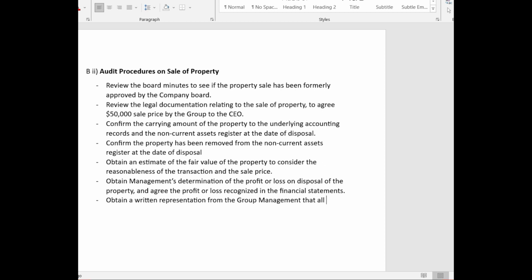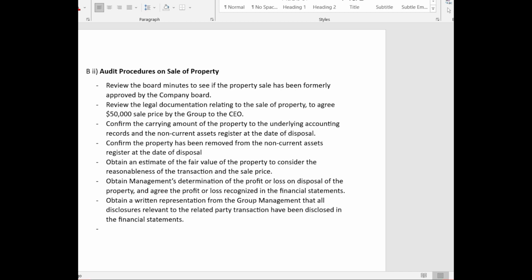That all disclosures relevant to the related party transaction have been disclosed in the financial statements, right?